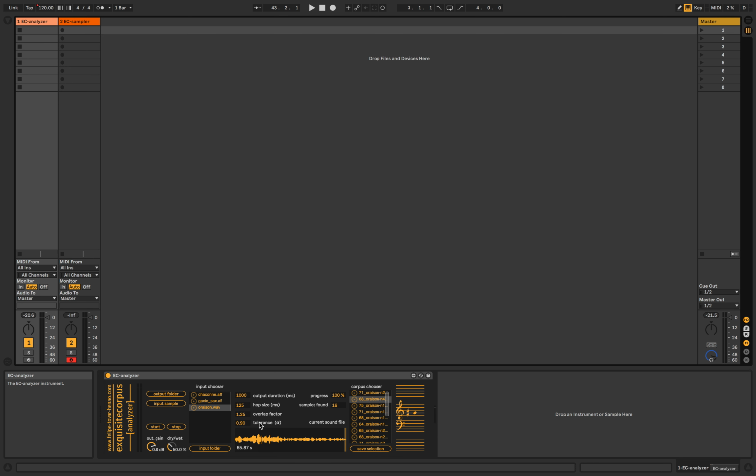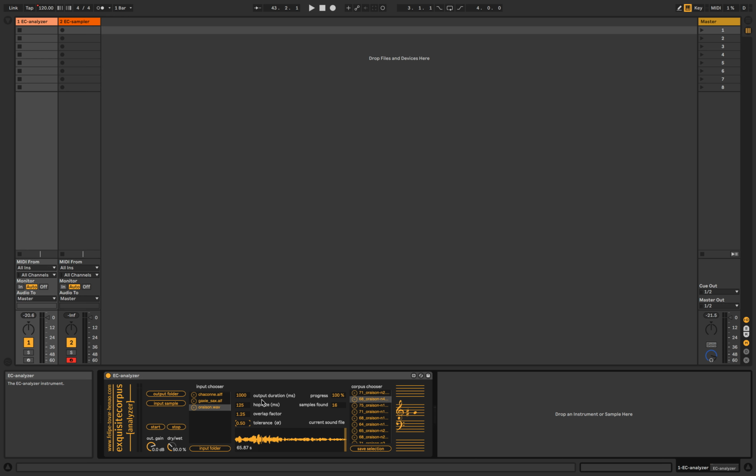Now the tolerance or error tolerance refers to the threshold that I mentioned earlier, and it determines the maximum amount of pitch deviation in semitones that each chunk can have in order to be selected. So this is also a very useful setting to make sure that you're not being either too flexible with the threshold or too greedy, because a very low tolerance value will mean that it will reduce significantly the amount of slices detected.